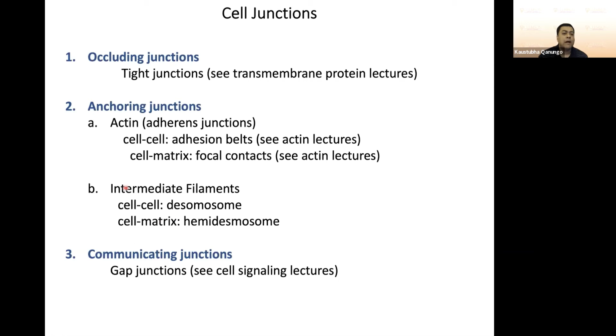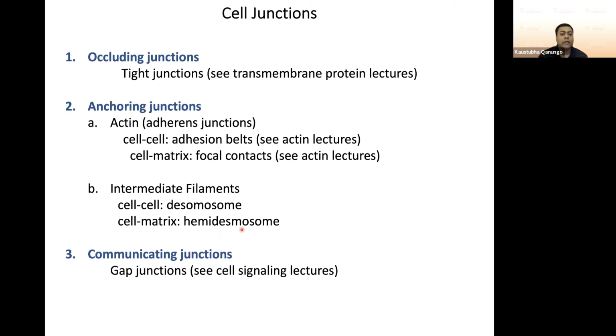If you have anchoring junctions with intermediate filaments, the cell-to-cell interaction is called a desmosome. So if two cells are stitched together using intermediate filaments, they will be called desmosomes. On the other hand, if it's a cell-matrix interaction, it's a hemidesmosome. And most of the time, if you remember, your epithelial cells rest on a basement membrane.